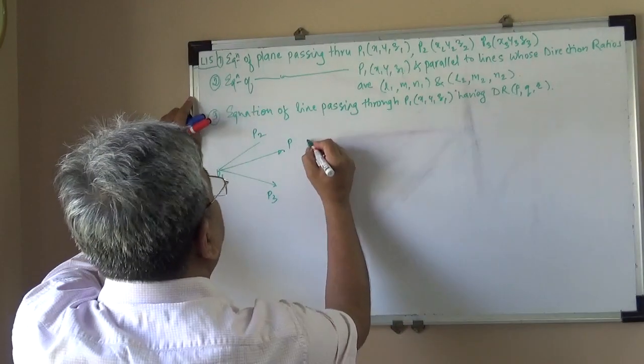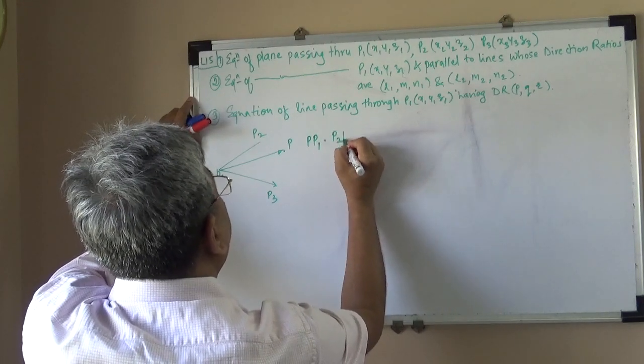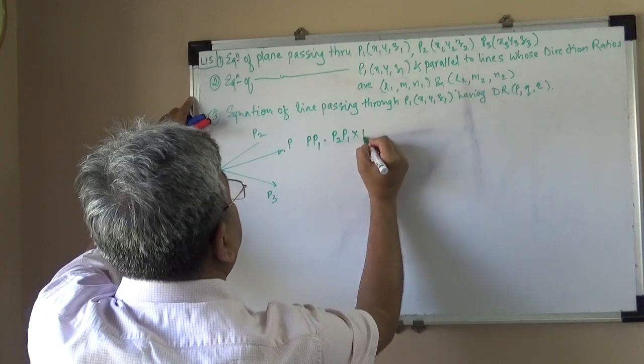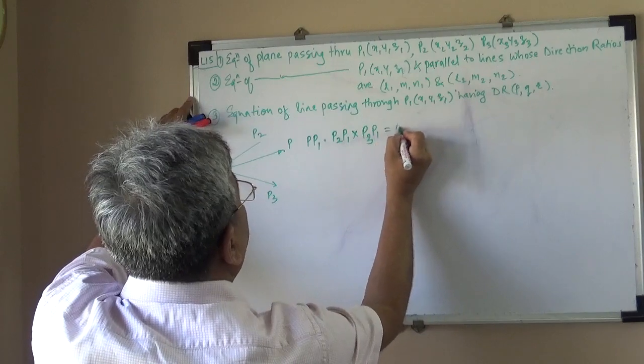So PP1 dot (P2P1 cross P3P1) should be equal to 0.